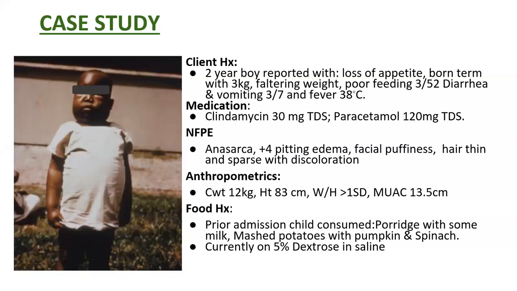With marasmus, you can have grades 1, 2, or 3 in terms of assessing edema, but with ascites, it is local to the abdominal region.